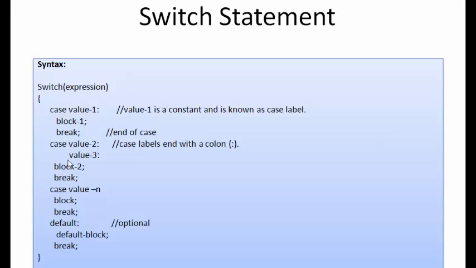If the break is present, the program will break and the controller will come outside the block, and so on. We can have up to n cases according to need. If all cases do not match the expression, then the default block will be executed.